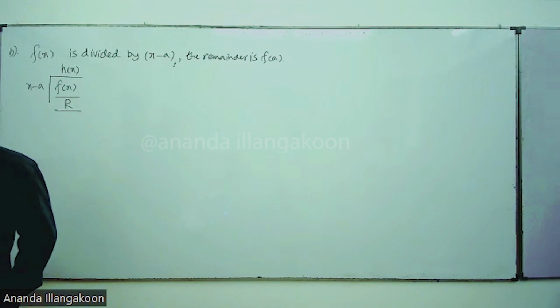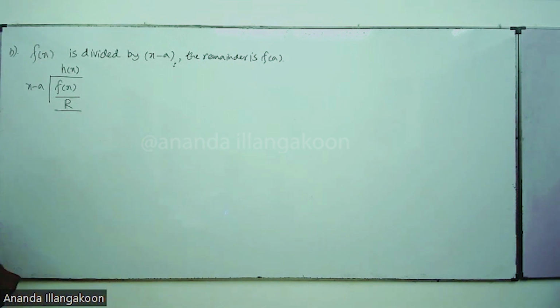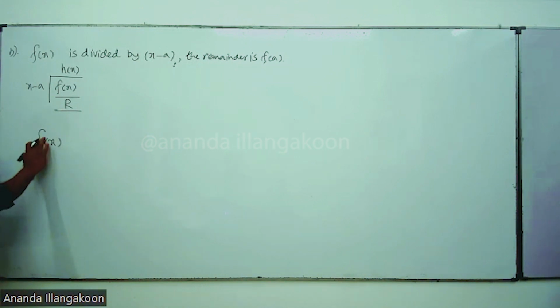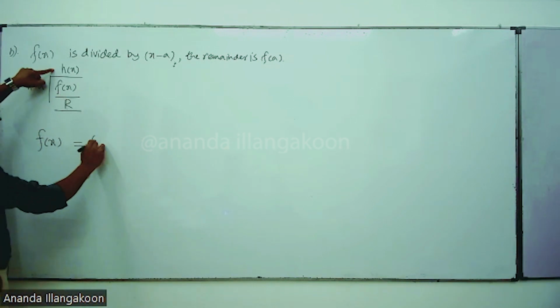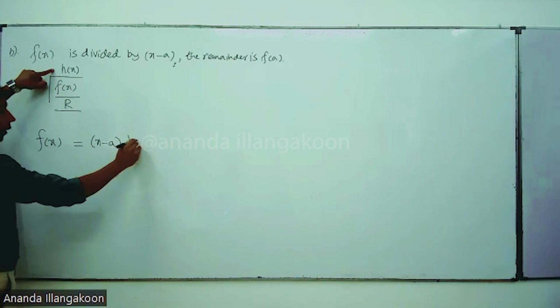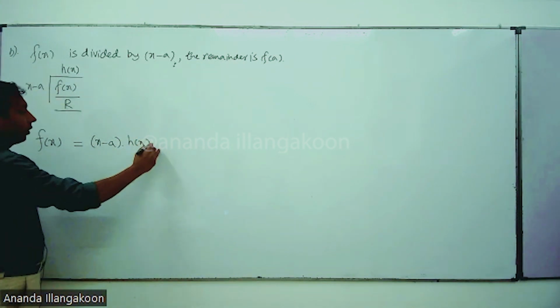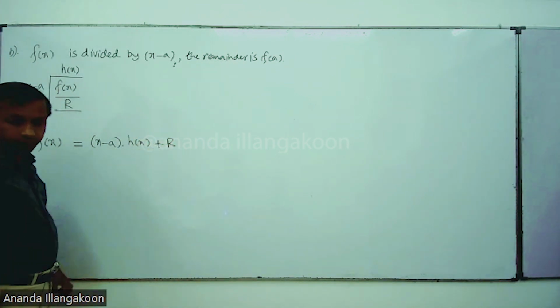Now by the algorithm of division, f(x) equals (x minus a) into h(x) plus R. Okay.